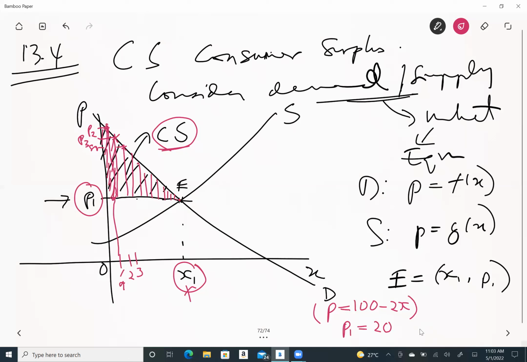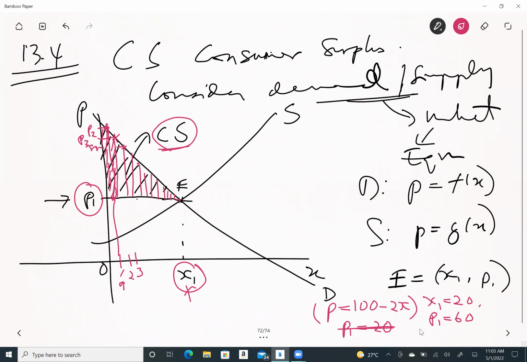And X1, so say X1 equal to 20. P1 equals what? 2 times 20 is 40, 100 minus 40, so 60.